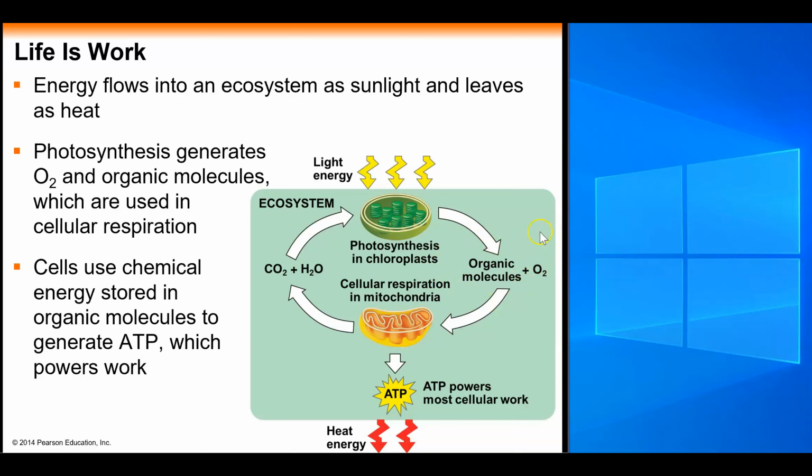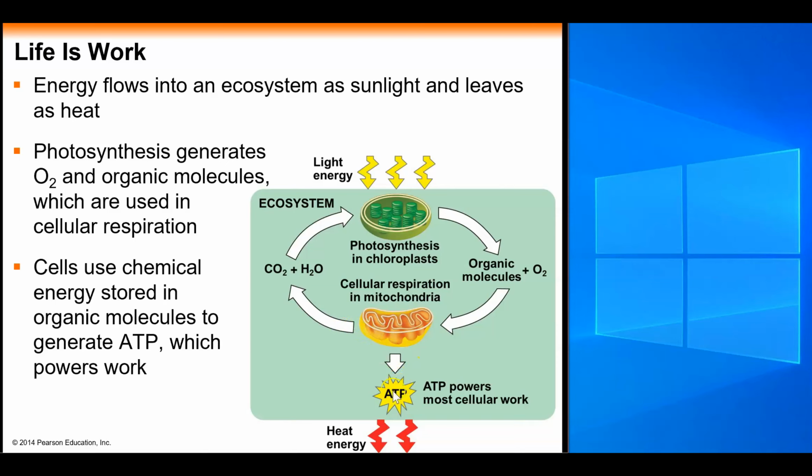Now, these two products of this top process, which is photosynthesis, actually become the two reactants for cellular respiration. So cellular respiration will use the energy stored in the organic molecules and the oxygen that's produced via photosynthesis, and through the use of a mitochondrion, the organic molecules get degraded. That's an exergonic process.